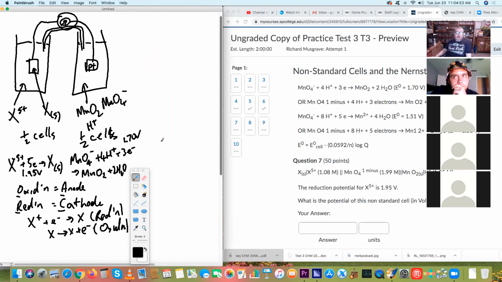The consequence of that is that we'll always have to flip the first one to turn it into an oxidation because the anode is always on the left side. So the situation becomes this.